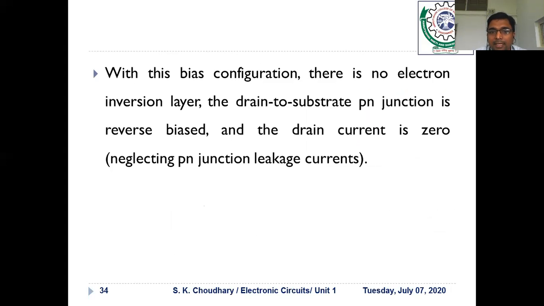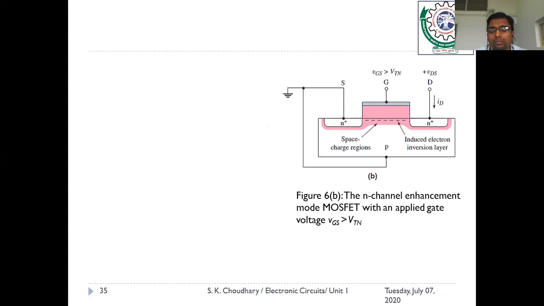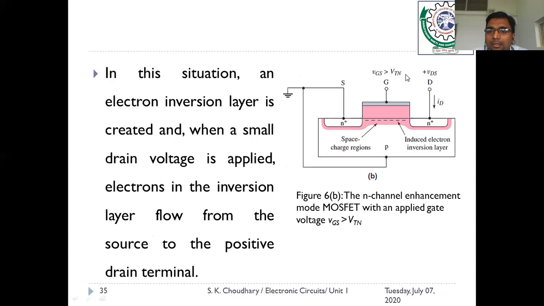Now we increase the gate to source voltage to create the inversion region. You can see this in the second picture. Now VGS is increased. In this case, VGS is greater than the threshold voltage, and the drain to source voltage remains the same as in the previous case.